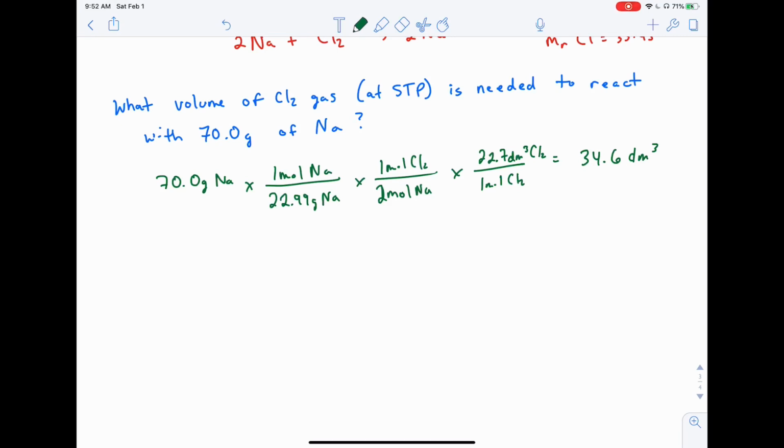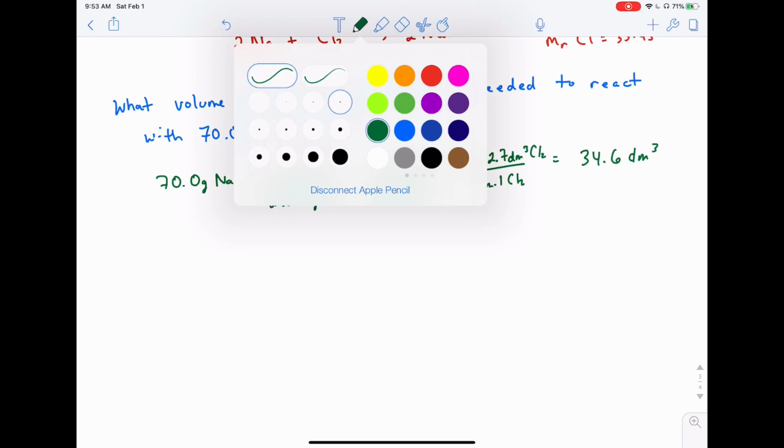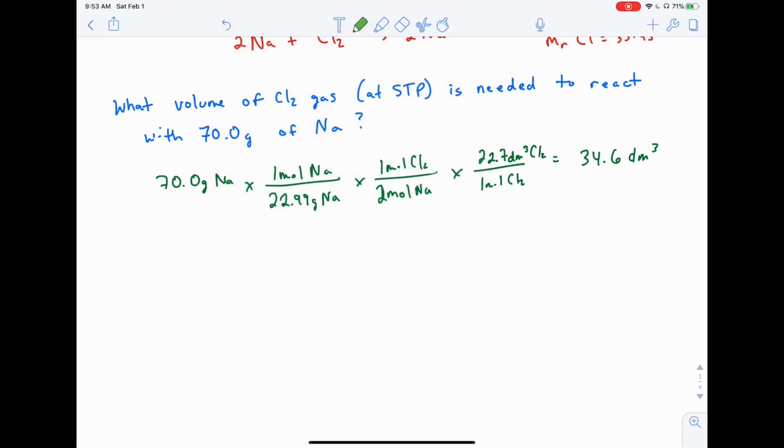If you set up a proportion, you're just going to set each proportion equal to each other, and I'll set that up really quickly. So 70.0 grams of Na is equal to 22.99 grams of Na over 1 mole of Na, and then X moles of Na. That answer is about 3.04 moles of Na.